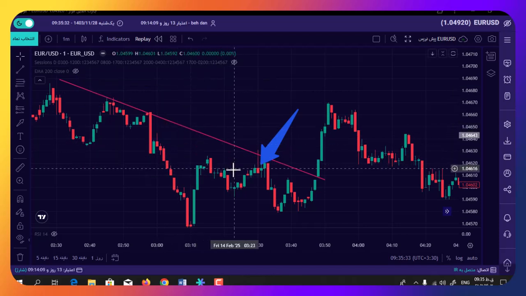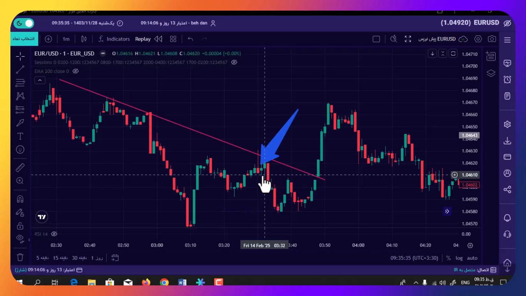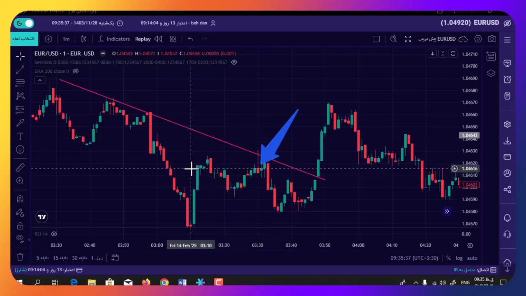Dynamic resistance example. The chart shows that after hitting a dynamic resistance zone, a shooting star candlestick forms, causing the price to drop.